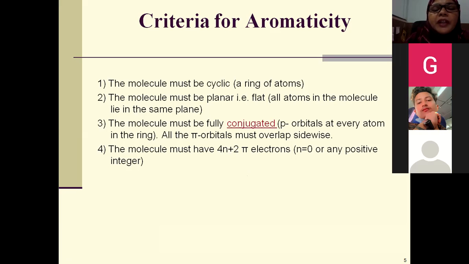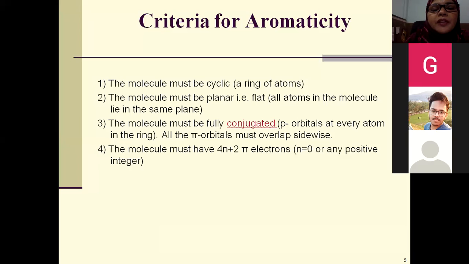If you put n equal to 0 here, what will be the value? 2. Yes. If n is equal to 1, then 6. Yes, 6.